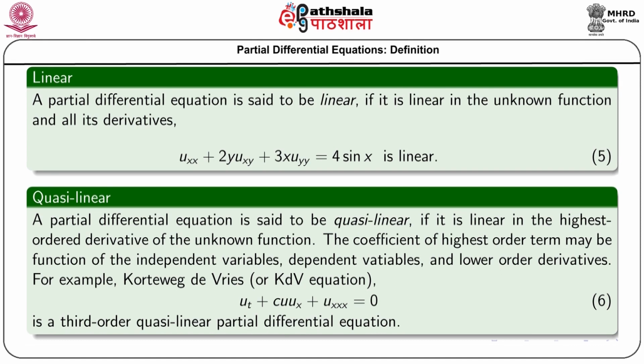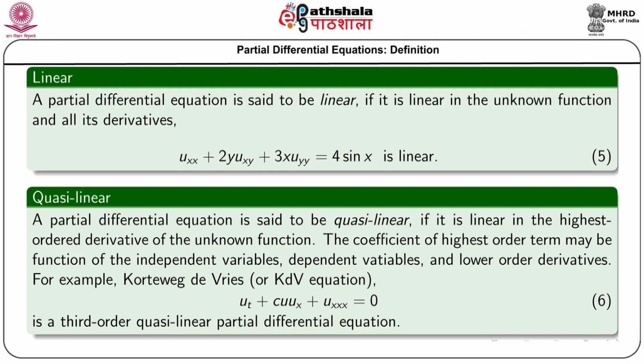A partial differential equation is said to be quasi-linear if it is linear in the highest order derivative of the unknown function. The coefficient of the highest order term may be a function of independent variables, dependent variables and the lower order derivatives.